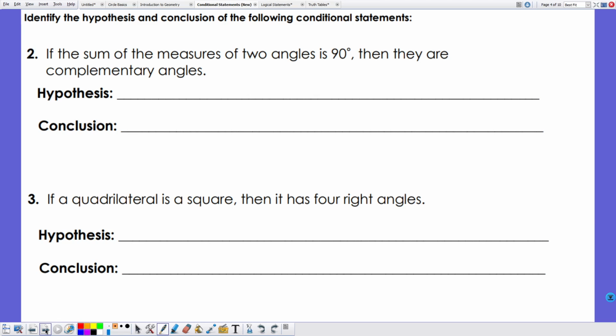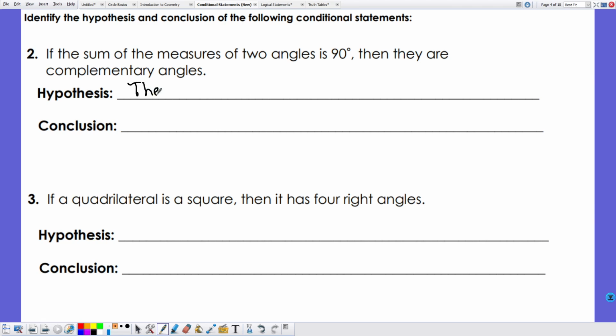All right, number 2 says if the sum of the measures of two angles is 90 degrees, then they are complementary angles. So again, hypothesis is what follows the if phrase. So that would be if the sum of the measures of two angles is 90 degrees. So that's what I'm going to write for our hypothesis.